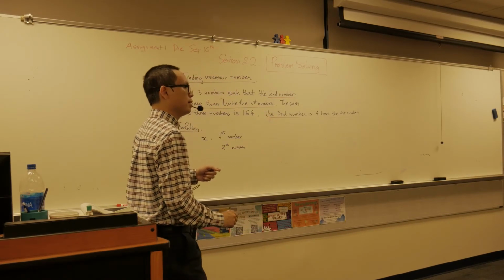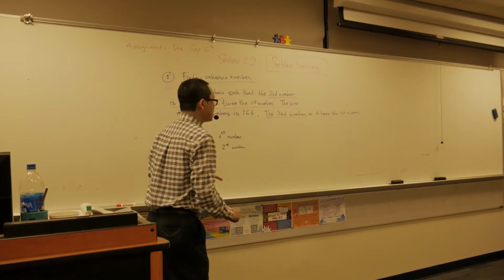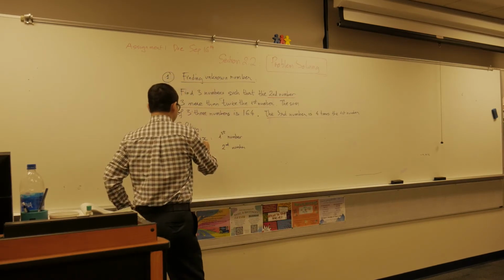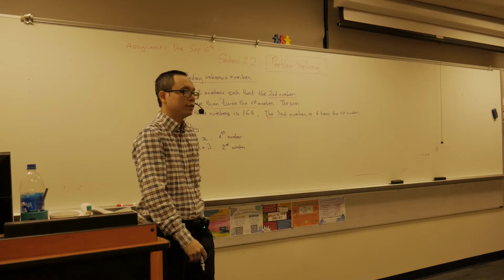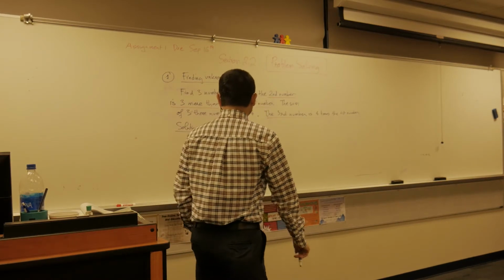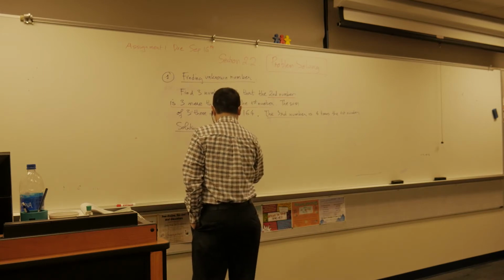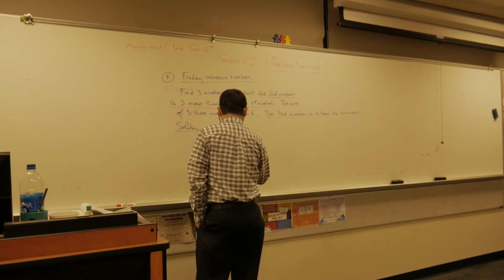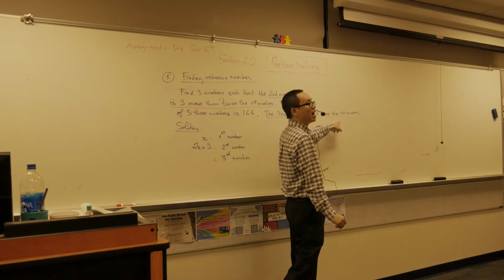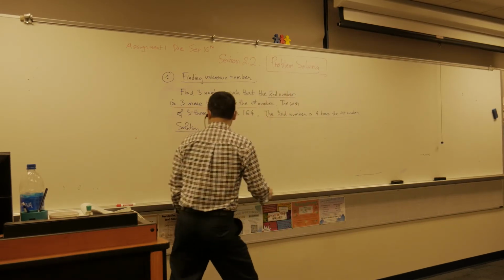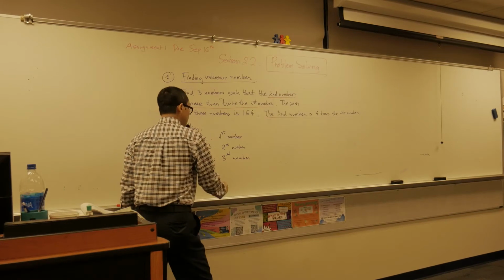Then what is the second number? 2x plus 3, very good. And the third number will be what? The third number is just 4 times the first number. Just 4x.